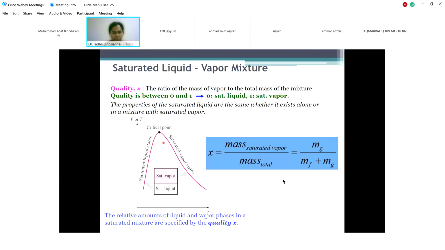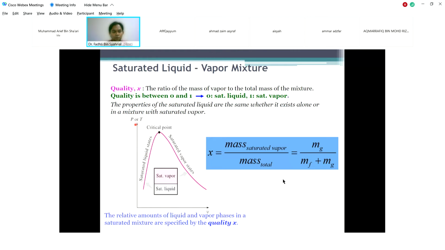So any point located on this region, their phase is saturated liquid vapor mixture phase. In other words, saturated vapor and liquid coexist in equilibrium in the system.